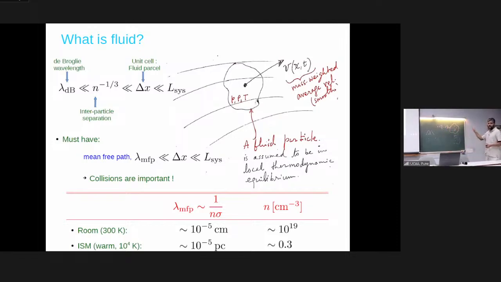So that is obvious to you, right? So the interparticle separation should be much larger than the de Broglie wavelength so that you ignore the quantum effects. It should still be much smaller than the interparticle separation, like here, should be much smaller than this unit cell in consideration. Okay? So that you can even define something called a unit cell.